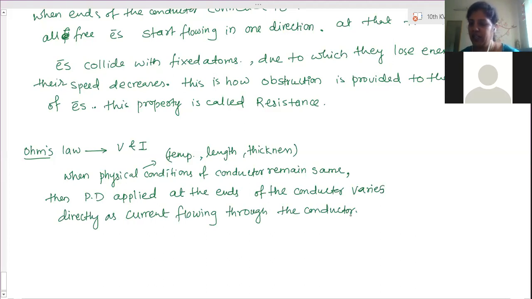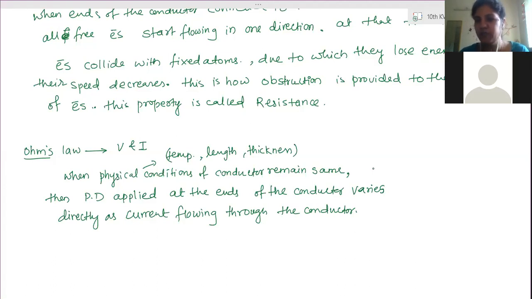So this means in any simple circuit, the amount of current flowing through the conductor and the potential difference applied at the ends of the conductor are directly proportional. So if you want to change the amount of current, you have to change the potential difference.